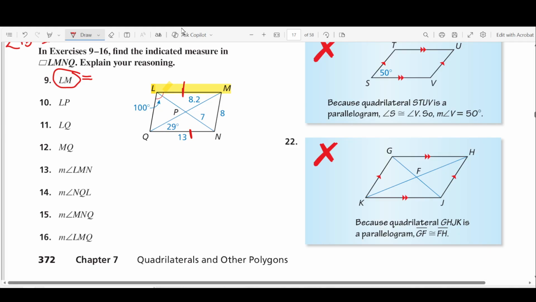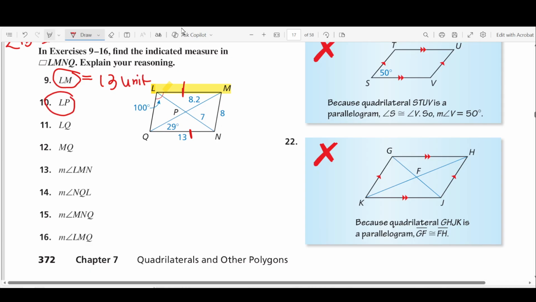So if this is 13, this is going to be 13. So the reasoning is that opposite sides of parallelograms are equal, so LM is equal to QN, and QN is 13, so LM is 13. Clear? Because units are not given, I'm just writing 13 units.